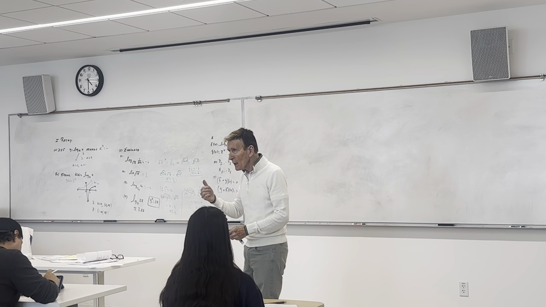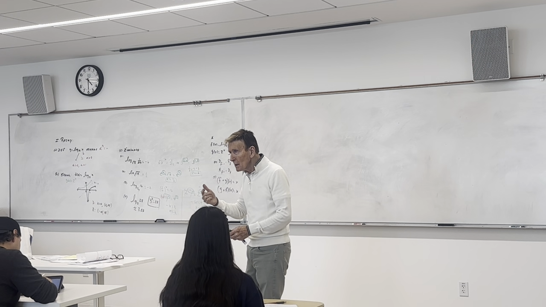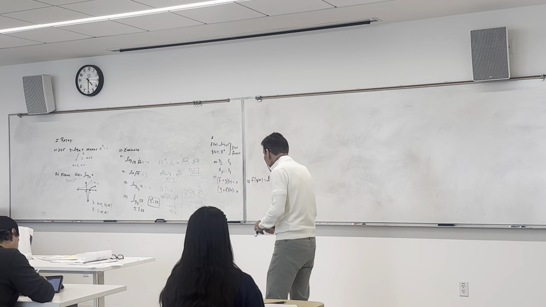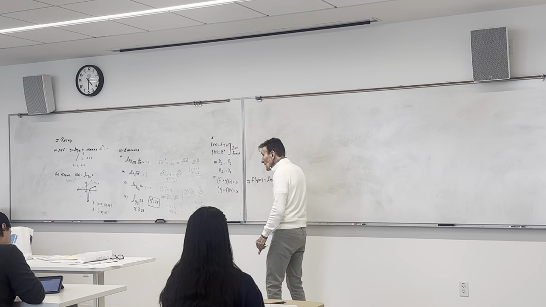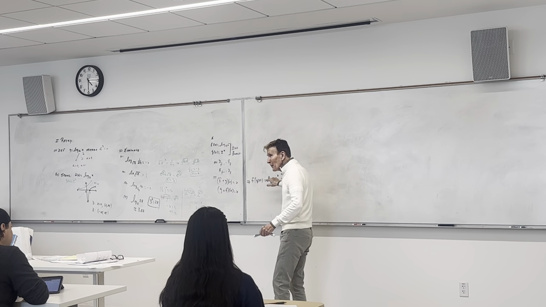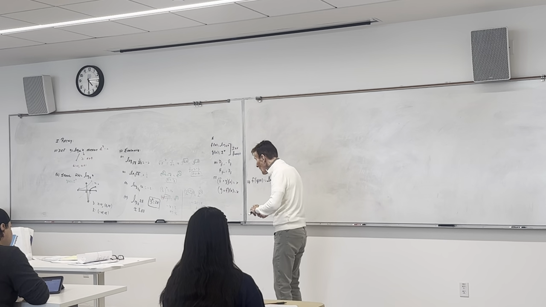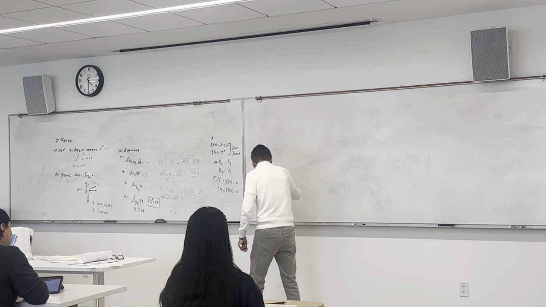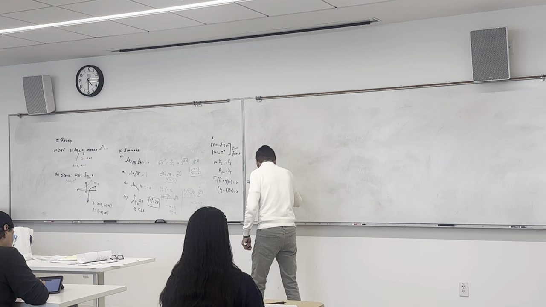Did we have a product property, quotient property, power property? Now, look at this. If this is being raised to a power, I can apply the power property for this log, move the x out front, and rewrite this as x log base 2 of 2.